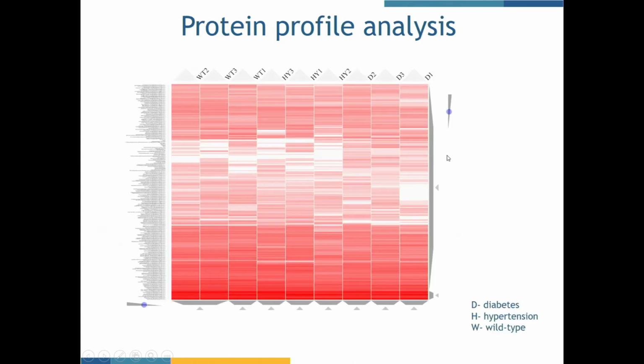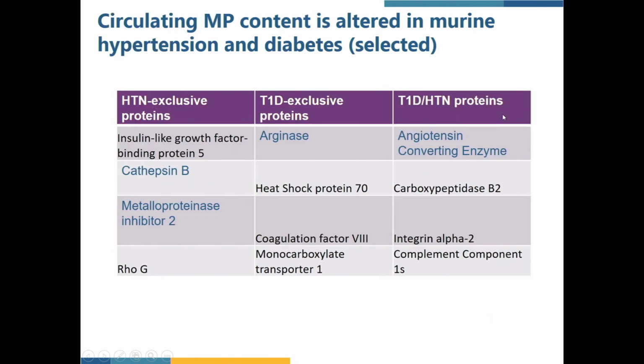And what's nice about this is that if you do an unsupervised clustering, one of the things we saw is that the three populations do segregate nicely. So our wild type populations all partition together, our hypertensive populations all partition together, and our diabetic populations partition together as well. So it does seem that we have some signature that is disease specific.